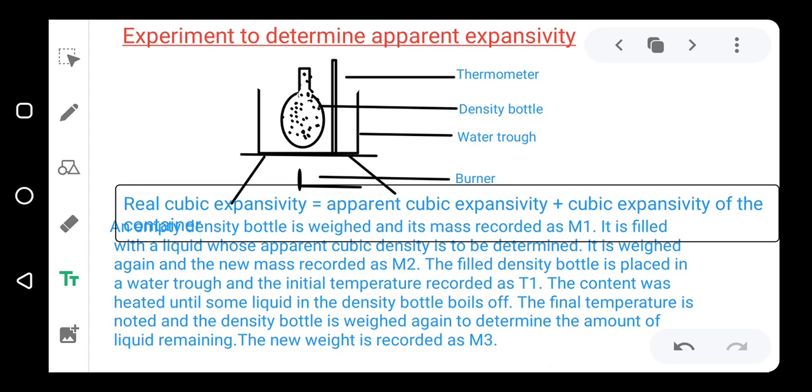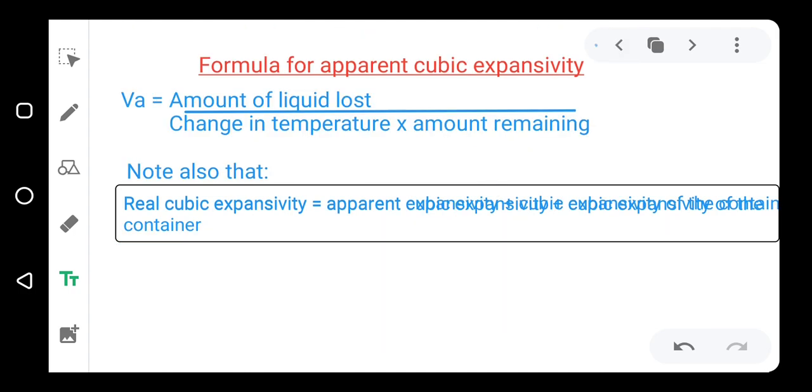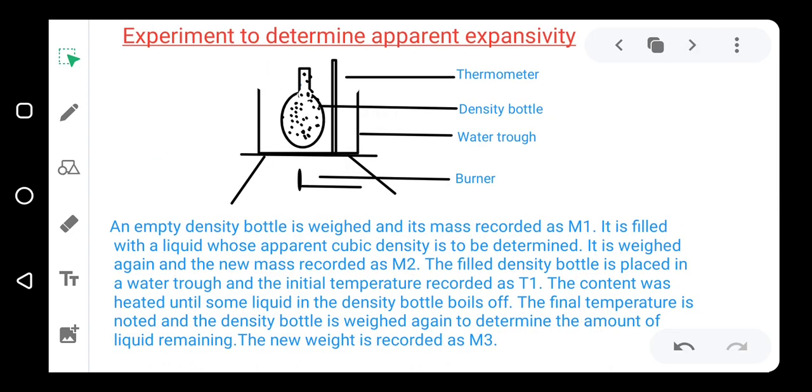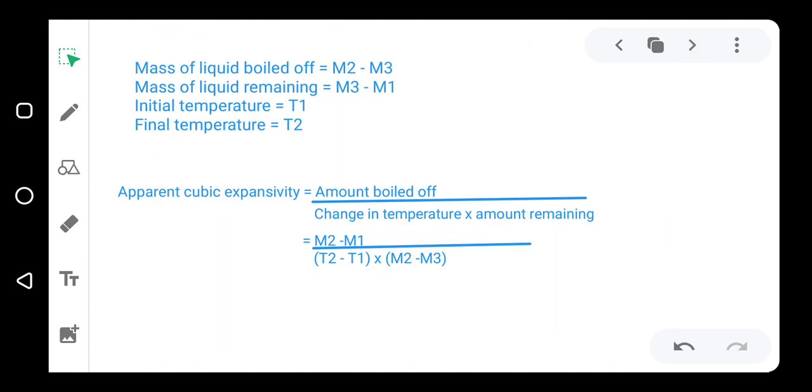So if we take the mass of the liquid boiled off as M2 minus M1, where M2 is when it is filled with the liquid, and M3 is after boiling it, you measure the mass again and you get M3. So M3 is after boiling it.